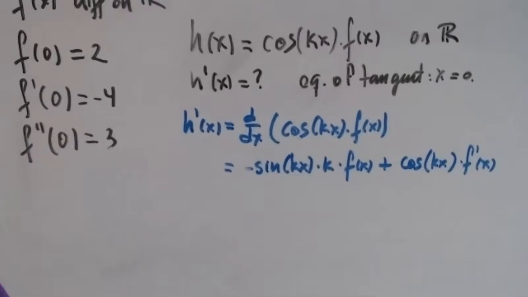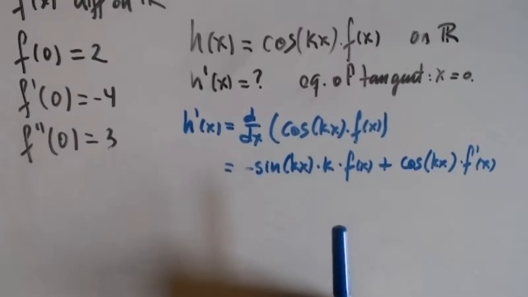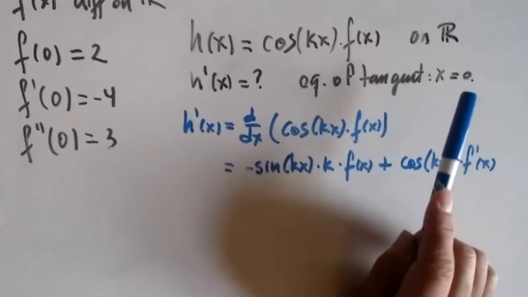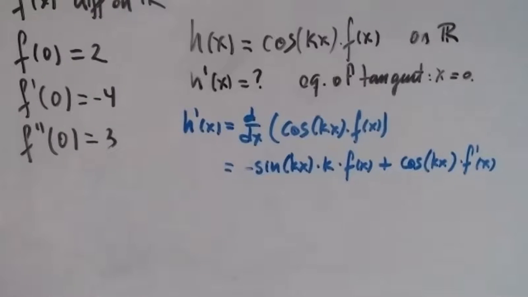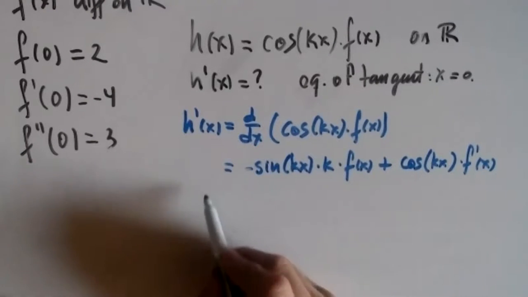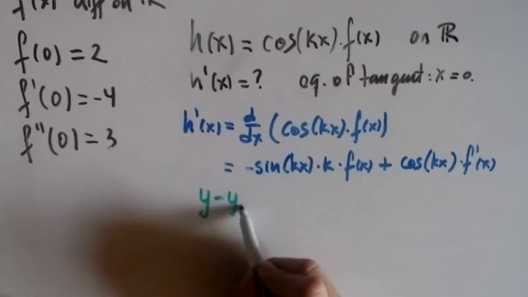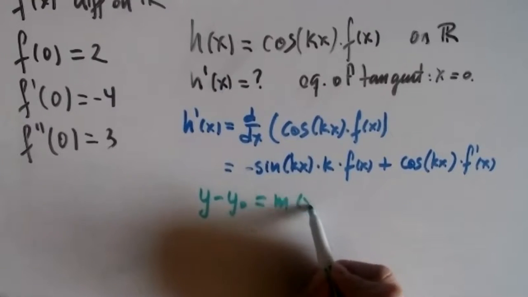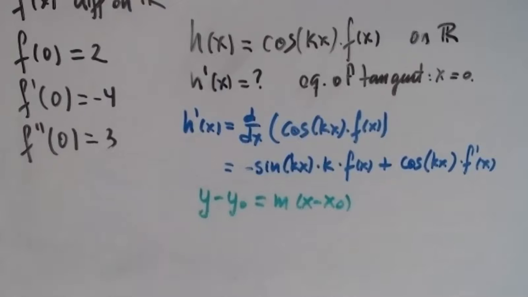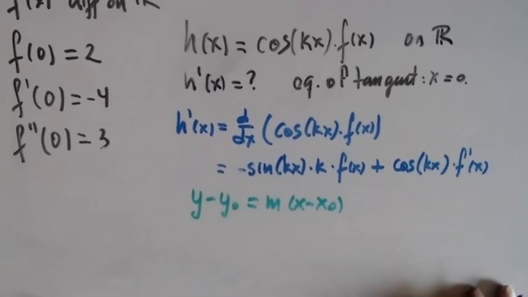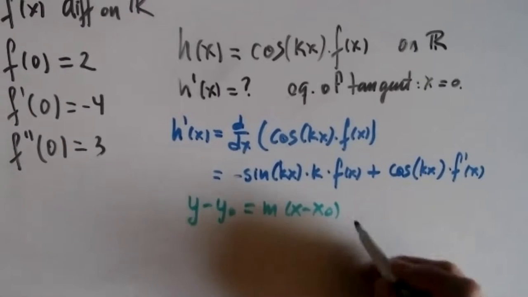Okay, well, now I need to get the equation of the tangent line at x equals 0. So again, I have to remember my algebra 1. The equation of a line is always given in this form: y minus y0 equals m times x minus x0. Now I have to identify who's who.